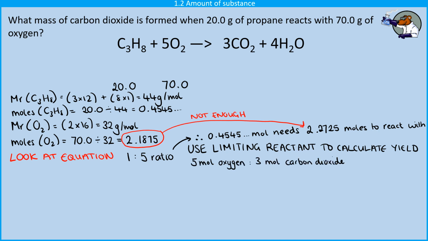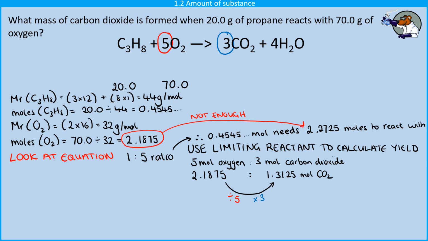So back to my symbol equation, if I have 5 moles of oxygen, then I need 3 moles of carbon dioxide, or rather I'm going to produce 3 moles of carbon dioxide, I should say. But I don't have 5 moles, I have 2.1875 moles. So in order to figure out how many moles of carbon dioxide that is, firstly I need to divide by the coefficient in front of the thing that I'm looking at.